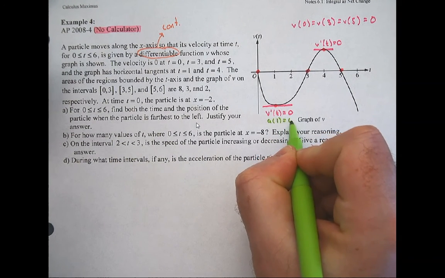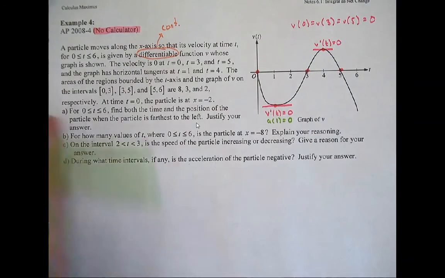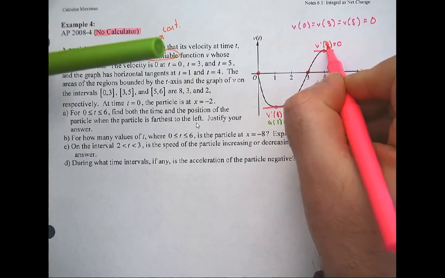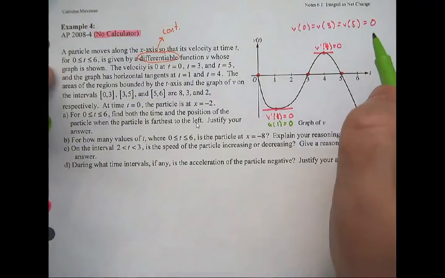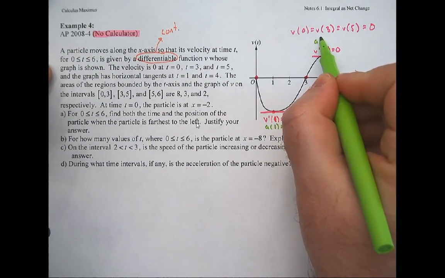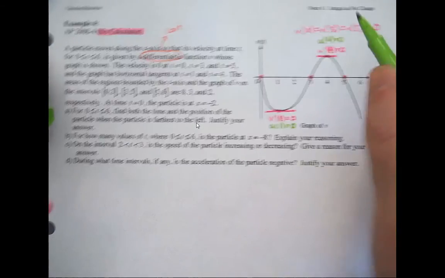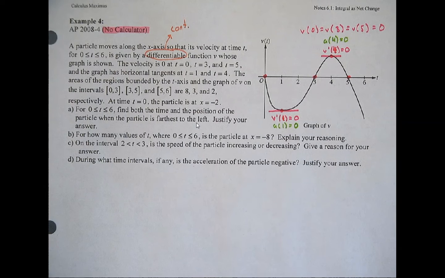A of 1 equals 0, and then this was v of 4. Or v prime is the same as the acceleration. The acceleration at 4 equals 0. So those might come into play later on. They probably will because they told us about it.